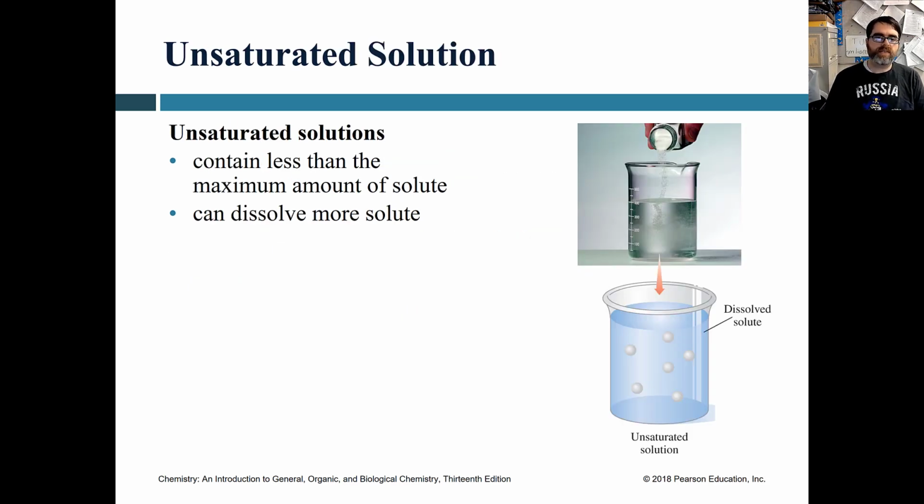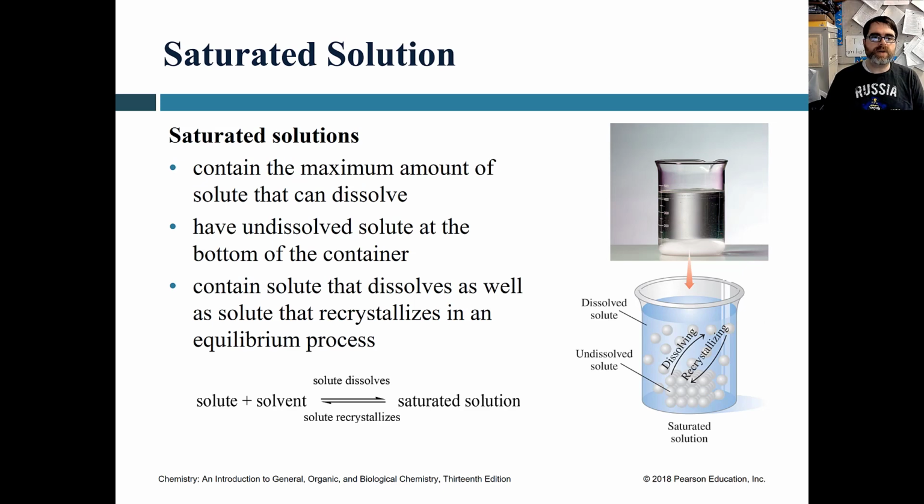From there, if we have less than that amount, we call it unsaturated, and we could still dissolve more in it. If it has that much, we call it saturated, and it contains the maximum amount. If you add more stuff and try to get it to dissolve, it's going to settle to the bottom of the container. And just like we mentioned with the weak electrolytes, how you can end up with pieces breaking down and other pieces recombining, you end up with the same thing here.